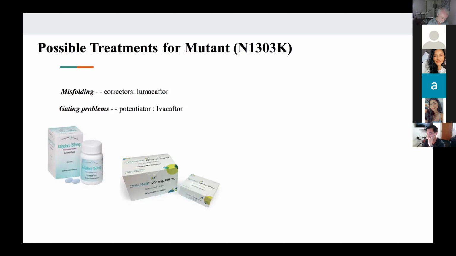Another issue that this mutant creates is gating problems, for which common treatments are potentiators like ivacaftor, which is a drug that helps open the CFTR channel at the cell surface and increase chloride transport. I've incorporated an image of some common medication on the bottom right or left.